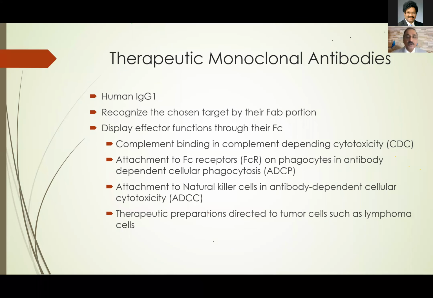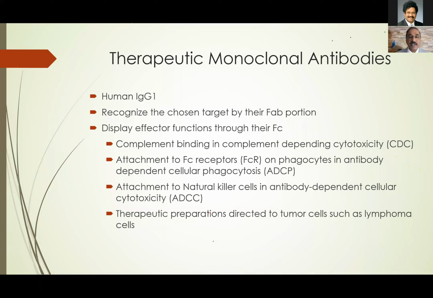Now the monoclonal antibodies are mainly human IgG1 antibodies. These are chosen and targeted by their Fab portion. The Fab portion is the one that is specific to an antigen that we want to remove. Here, antigen can be a foreign body getting into the host, or an antibody that is developed in the host itself, which can be taken as an antigen.